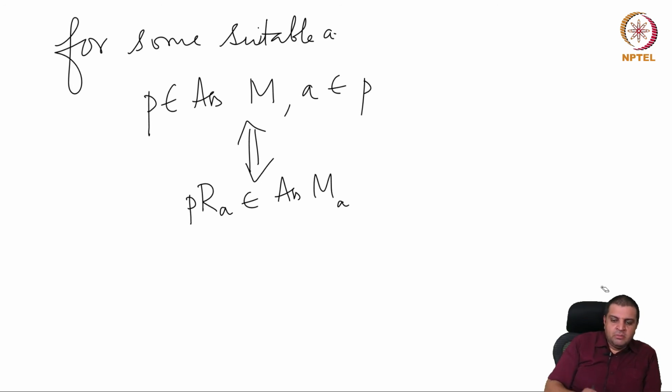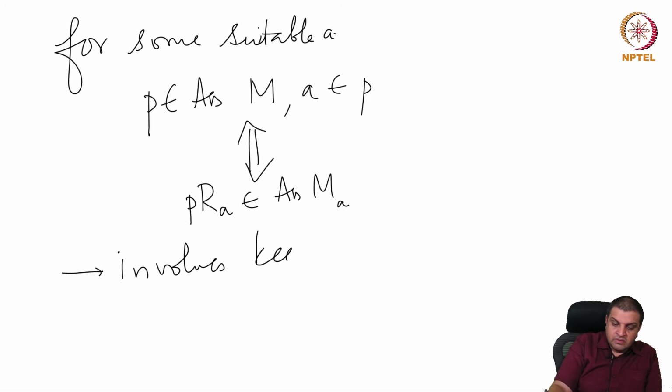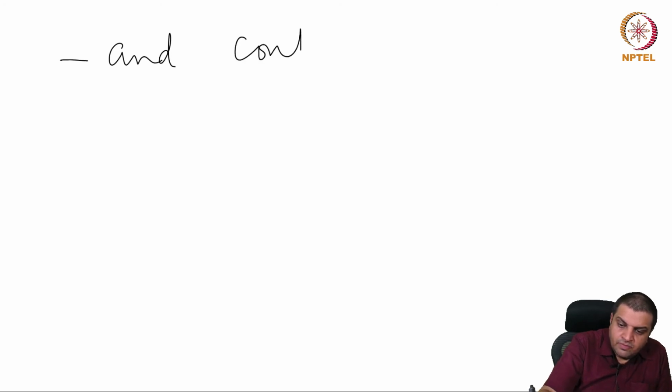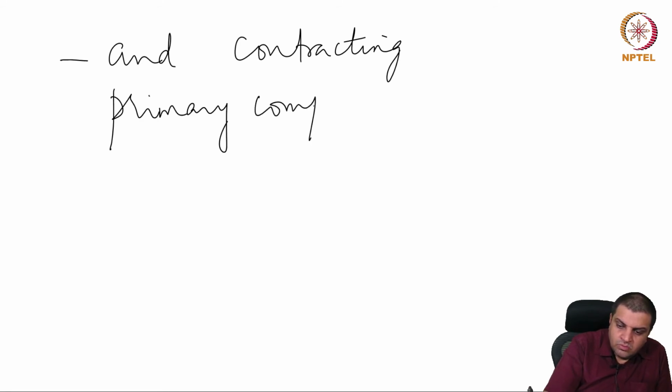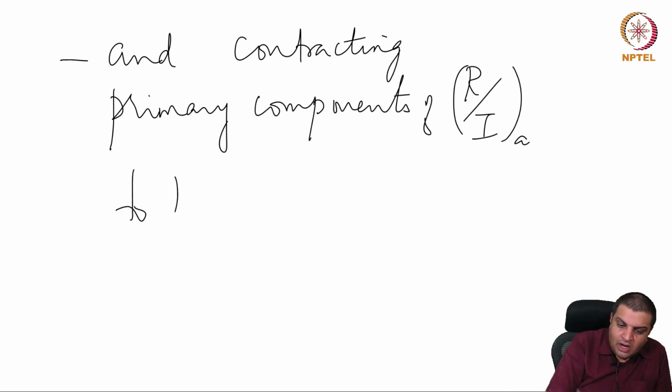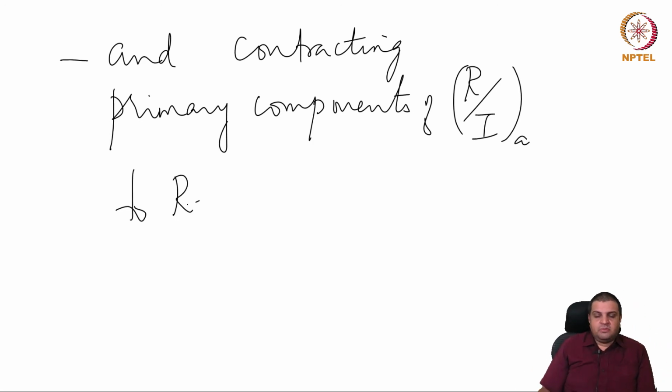One element you can manage, but it still involves keeping track of the map R to R_A. And if we want to find contracting primary components, let us say R mod A localized to R. This is if you want to find primary components.